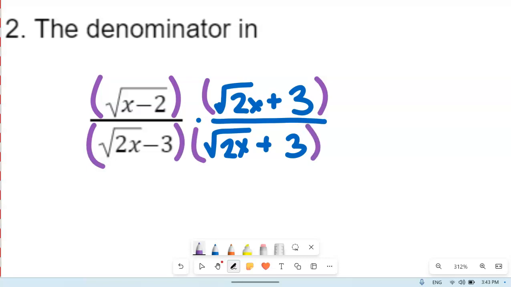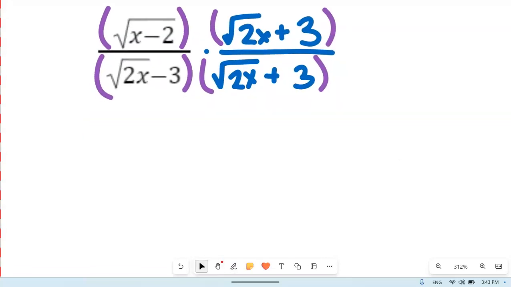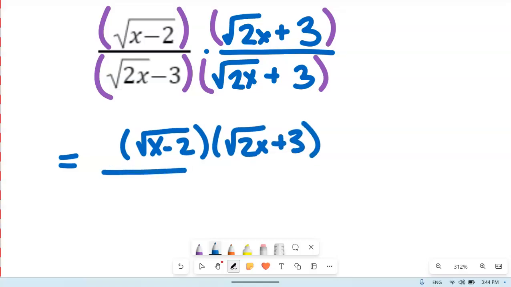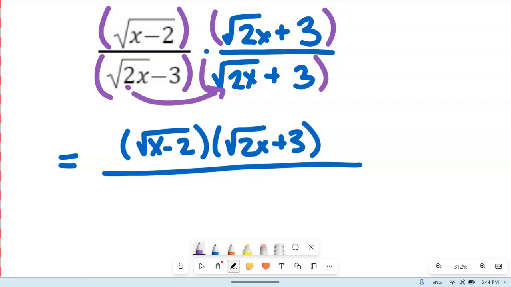And I will begin. In this case, the top is potentially something that might have a cancelable term. So I'm going to leave it in factored form for now, just so I can compare it with my new denominator. My new denominator is going to be root 2x times root 2x. That's going to be 2x.